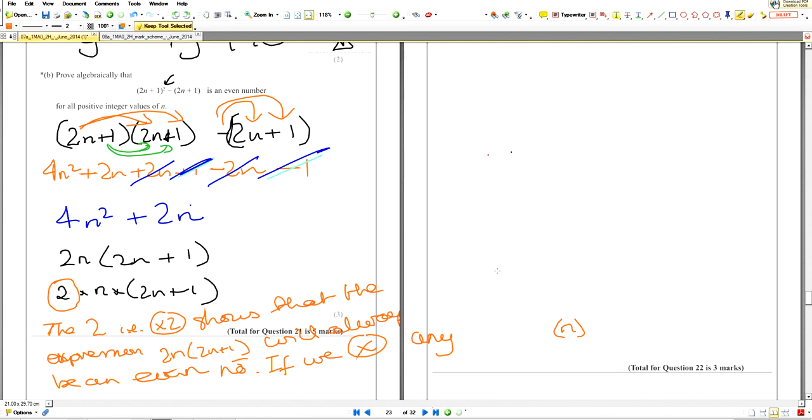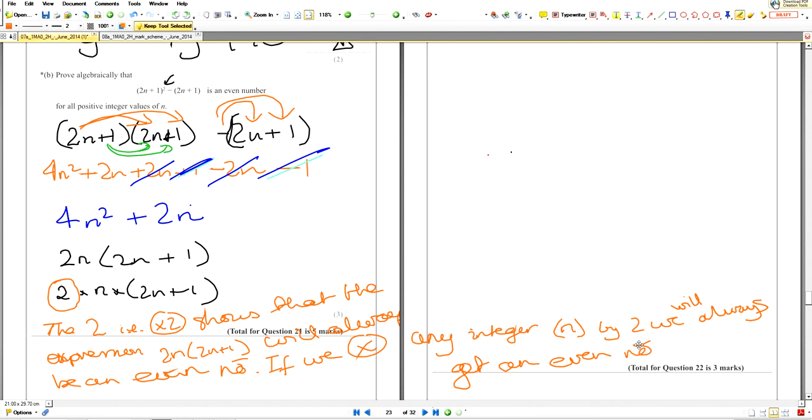Okay, and if we multiply any integer, so the integer n, by 2, we will always get an even number.